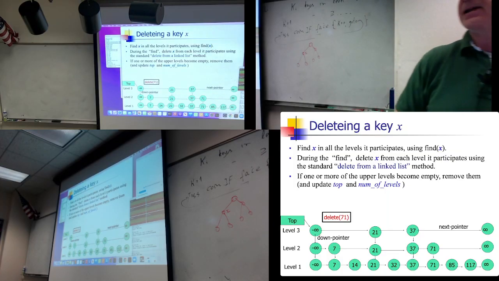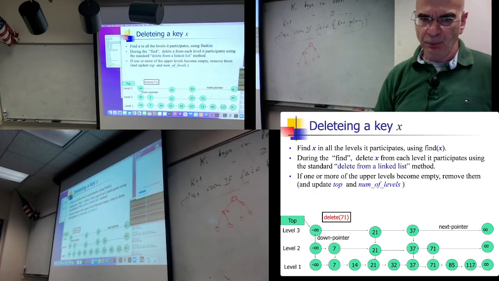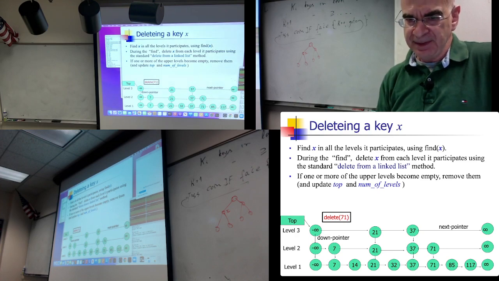And possibly then I need to do some rotation to rebalance, because now the balancing properties may be violated. Here's how I delete an element from the skip list.